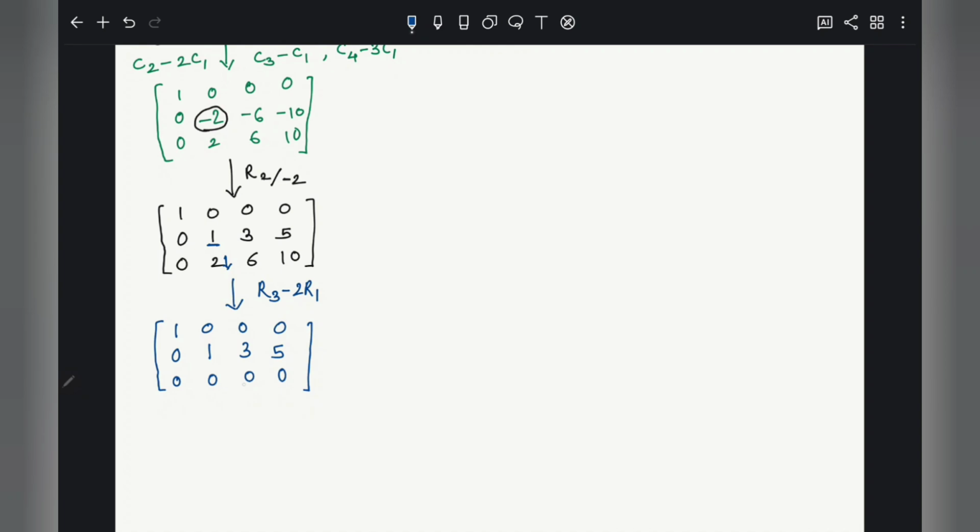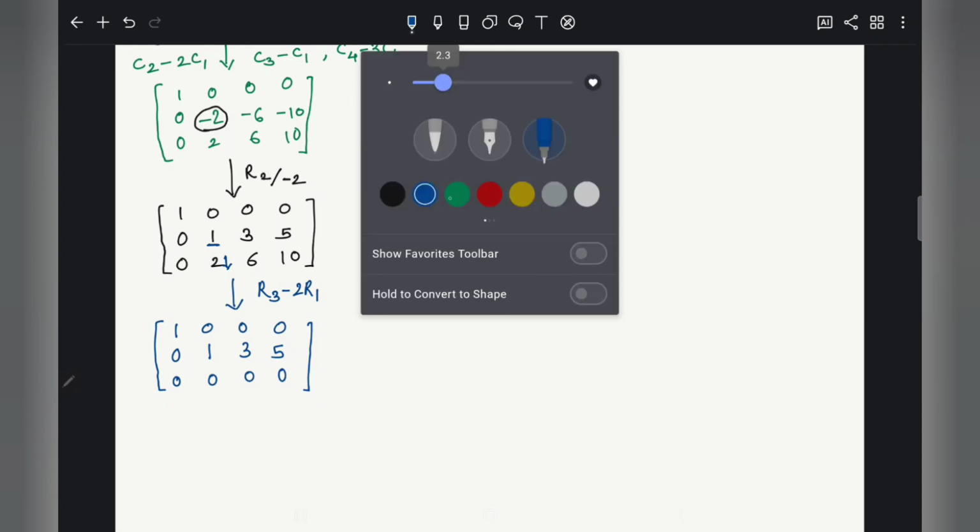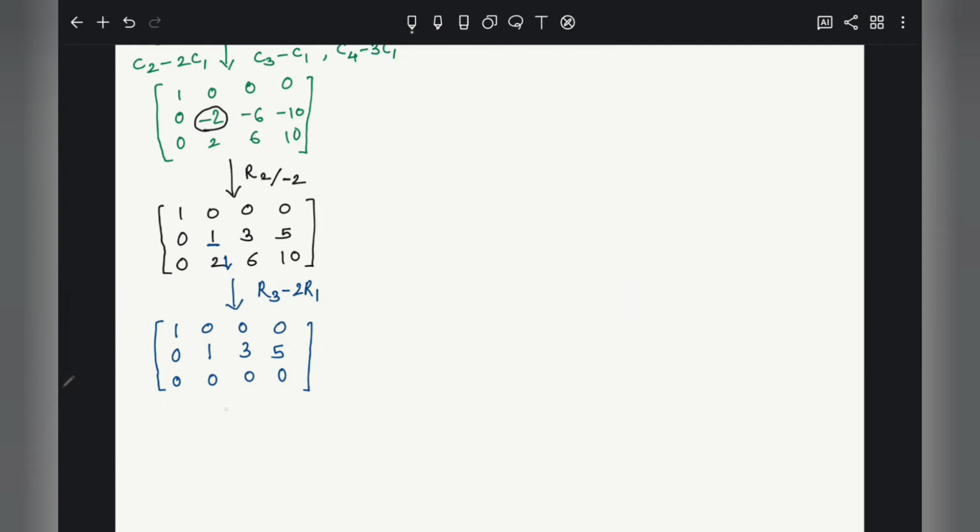Next you have to make these entries 0. For that purpose I will do C3 minus 3 C2 and C4 minus 5 C2. If I do so, I will get 0 1 0 0 0 0 0 0 0.